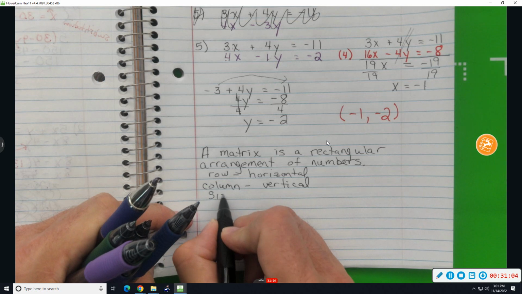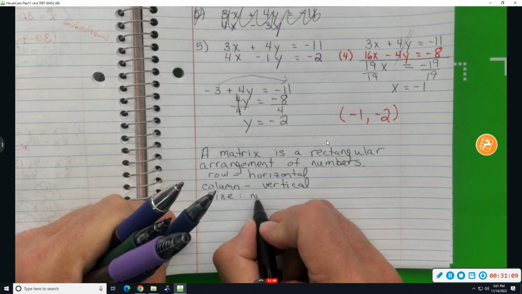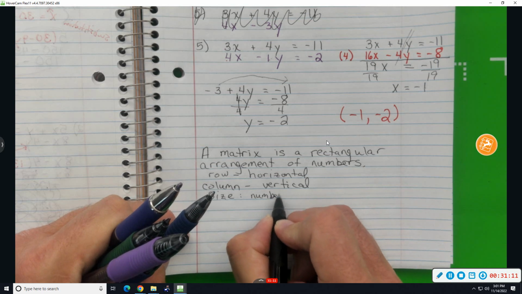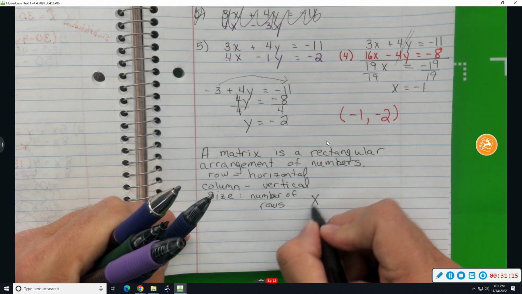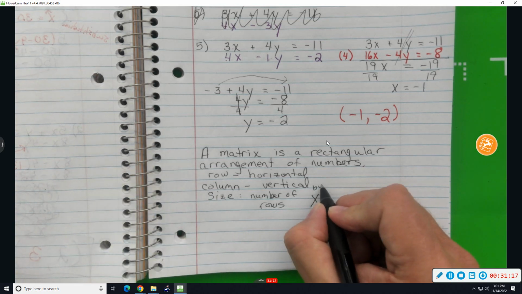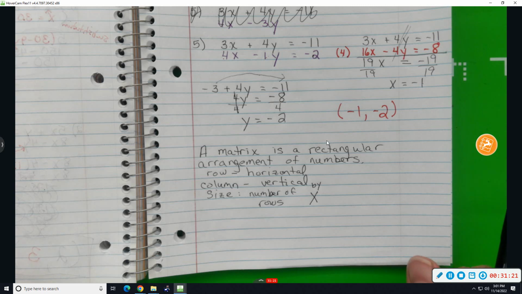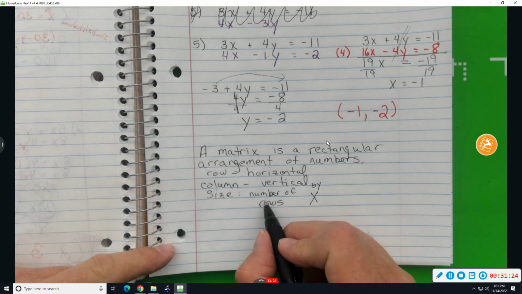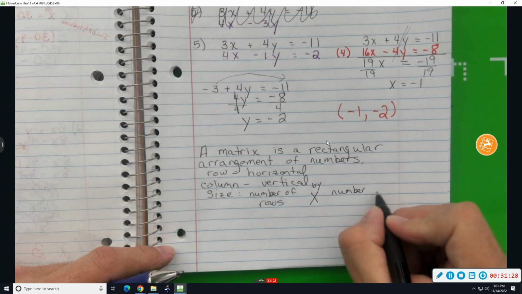When we discuss the size of a matrix, you go number of rows, and then you write x, but it's read by, just like if you're talking about the dimensions of a room, 30 by 20. Okay? Number of rows by number of columns.